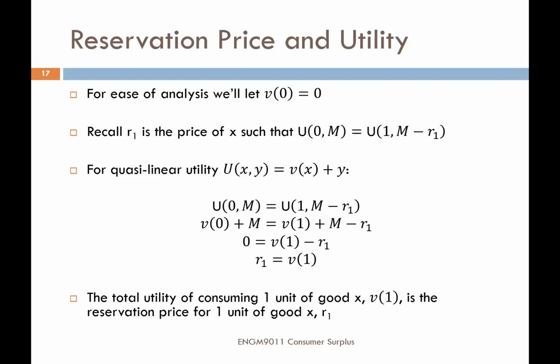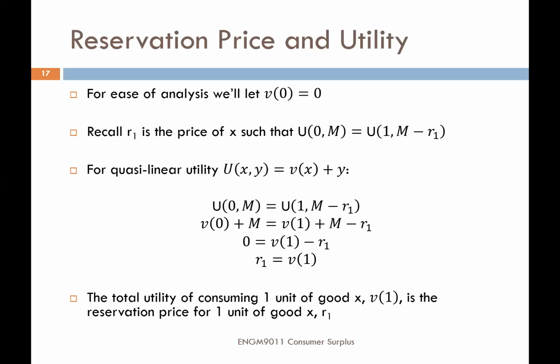All right. Again, remember, R1 is the reservation price of the first unit. That is the price of good X such that you're indifferent between consuming 0 units of X and 1 unit of X. What we're going to do, therefore, is substitute the quasi-linear utility function for U of X. So for the bundle 0, M, what's the utility of that if you have quasi-linear utility? Well, it'd be V of 0 plus M. And then on the right-hand side, we have the utility when you consume 1 unit of good X and M minus R1 units of good Y. What's the utility of that?